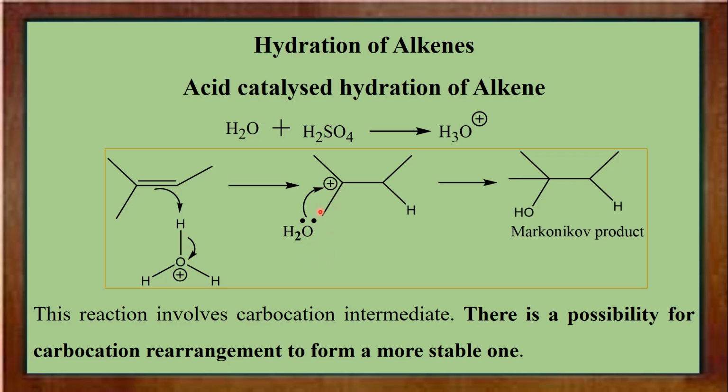And with the carbocation, water reacts here, adding an OH. So hydrogen is added to the less substituted carbon, OH is added to the more substituted carbon, and this kind of product is called Markovnikov product.